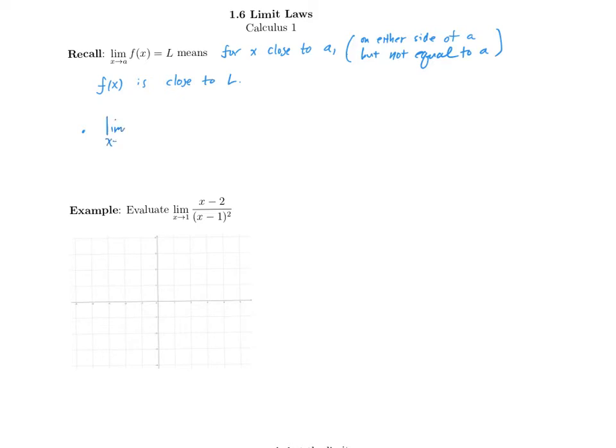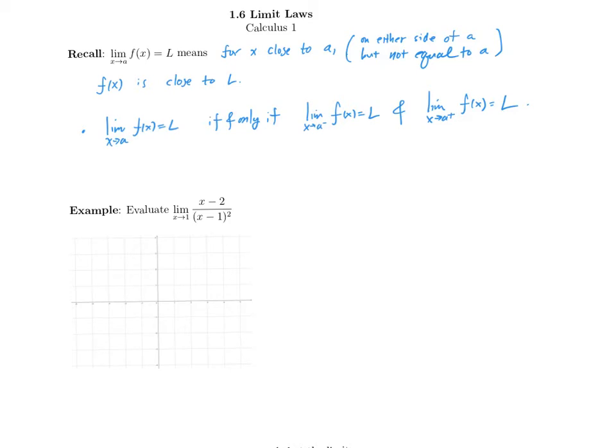We said that the limit as x approaches a of a function f of x equals L is true if and only if, i.e. equivalent to, saying that the limit as x approaches a from the left of the function is equal to L, and the limit as x approaches a from the right of the function is also equal to L. Note if the one-sided limits do not agree with each other, the limit of the function does not exist.